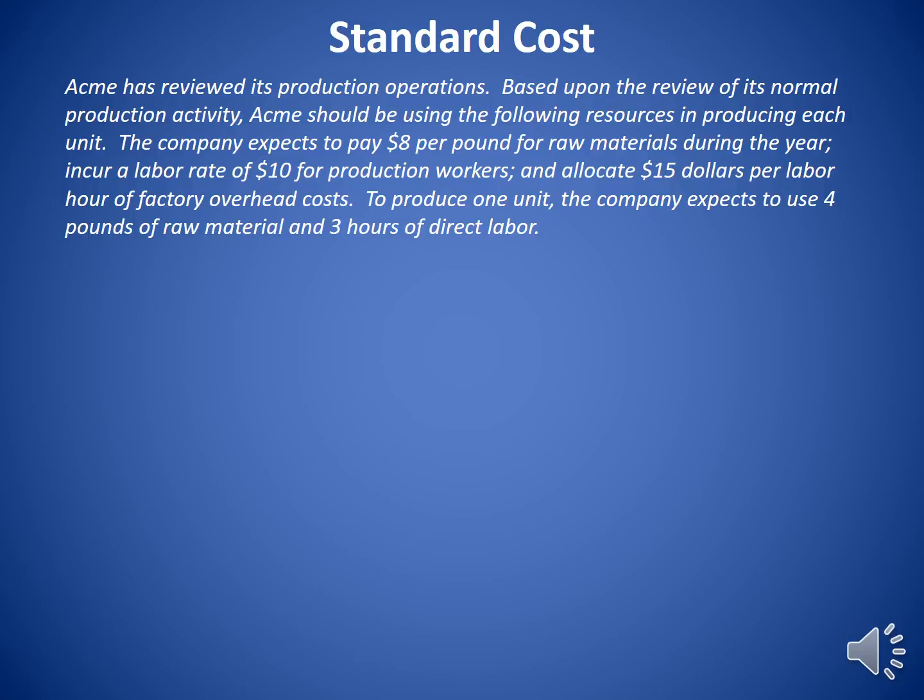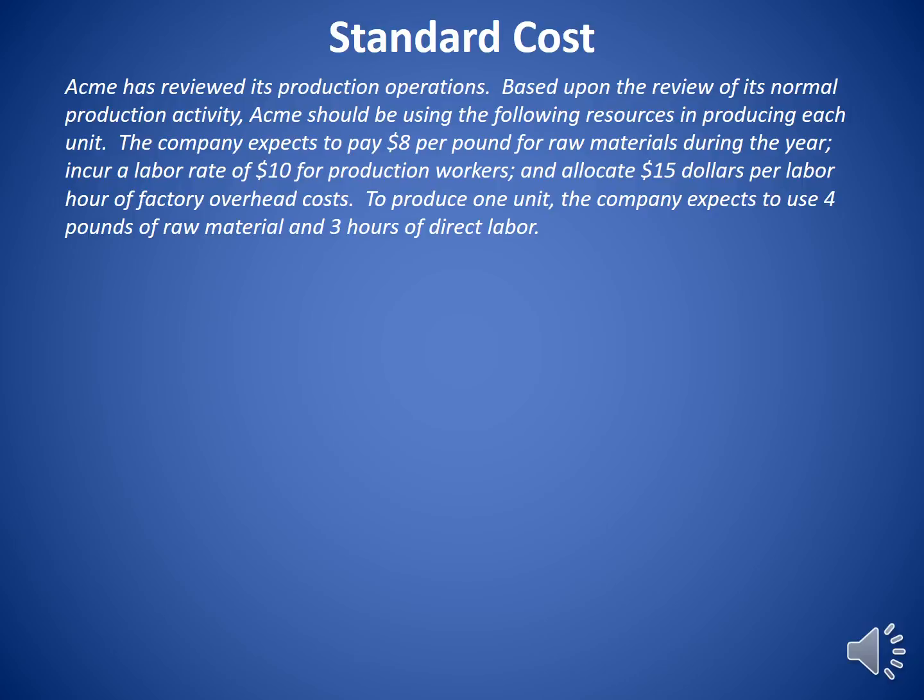The company expects to pay $8 a pound for raw materials during the year. So apparently our raw materials we purchase by the pound. We also expect to incur a labor rate of $10 an hour for production workers, and we also expect to allocate $15 per labor hour of factory overhead cost to all of our units that we produce.